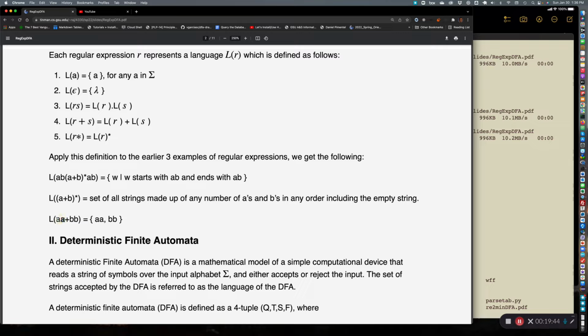And the set obtained for AA will be the product of the set obtained for A with the set obtained for A, and we know that the language for A is that. So when you take this one and the product of this with itself, you'll get two A's. One set A, a product, another set A. If this is not very clear, let me open a quick notepad here.